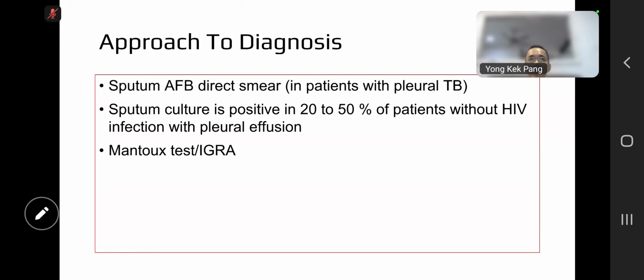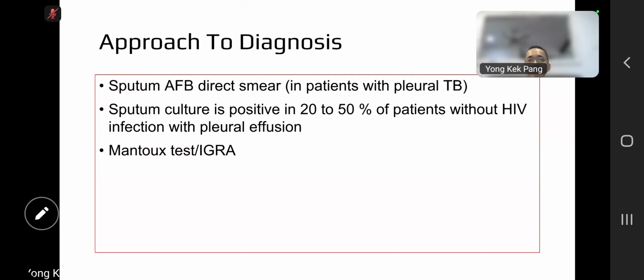The other thing, of course, routinely, we also check for the sputum AFB direct smear. Although sometimes the lung parenchyma may not look very abnormal, based on the study, it was found that if you still send the sputum for direct smear and culture, the sputum culture would have a 20 to 50% chance of being positive.